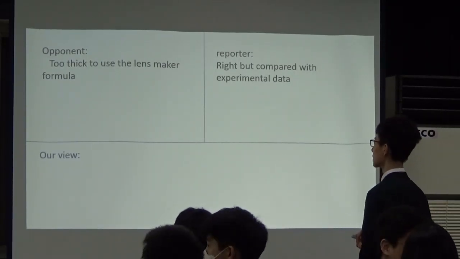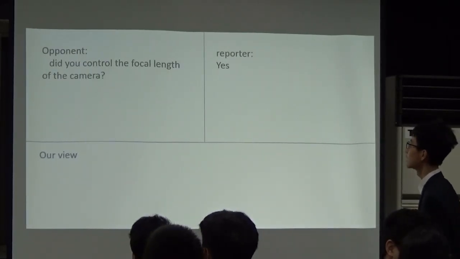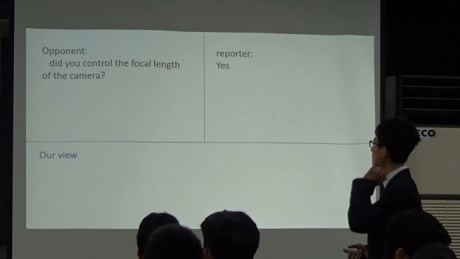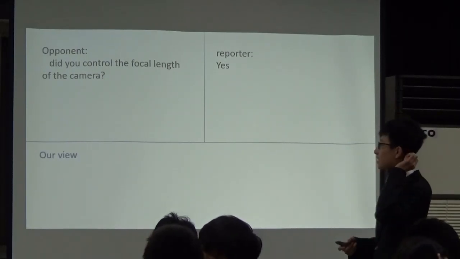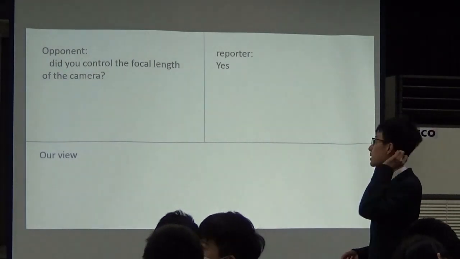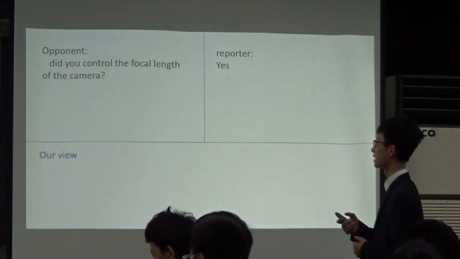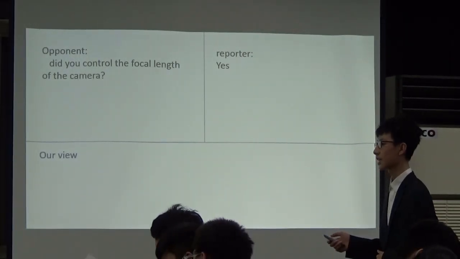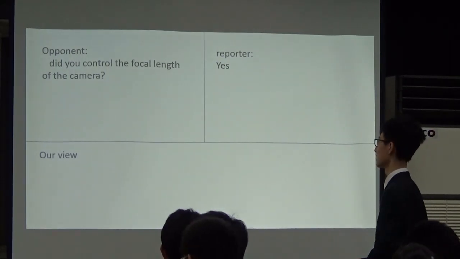Our view is that we agree. The opponents also ask, did you control the focal length of the camera? The reporters answer yes. Our view is that even though they control the focal length of the camera, the camera itself will cause some error.